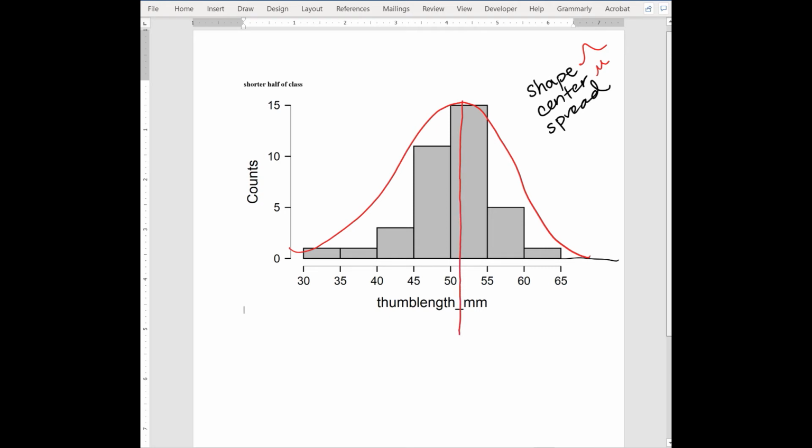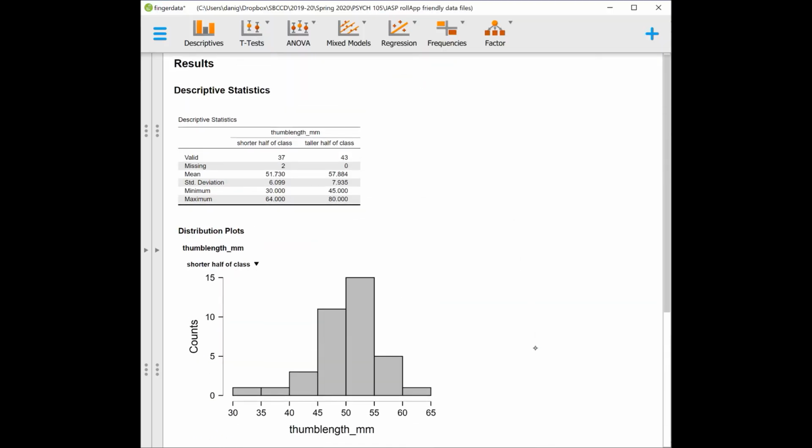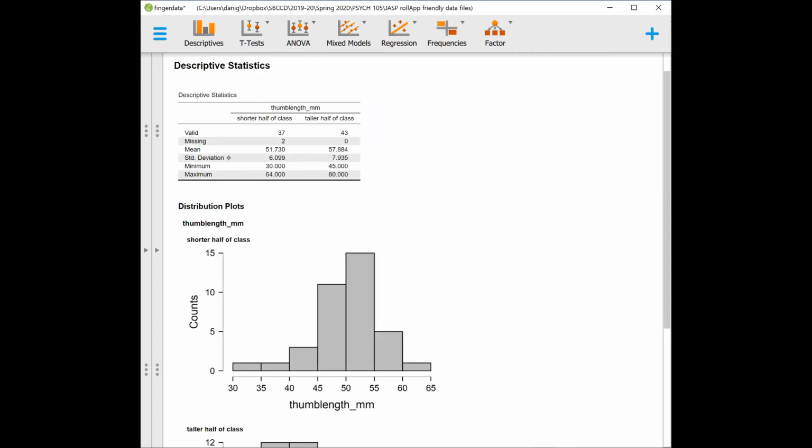And again, this does not need to be perfect. So here, I've identified what I think feels like the balancing point for these data, and it looks like it's maybe around 51-ish. If we look back at our data set, I'm going to use this 51.73, the mean, because right now we're talking only about the shorter half of the class.